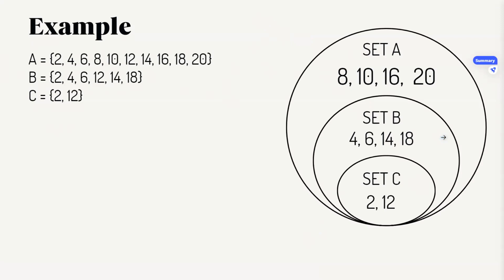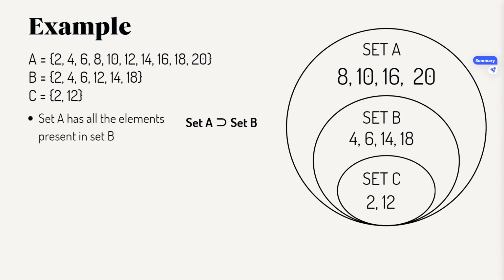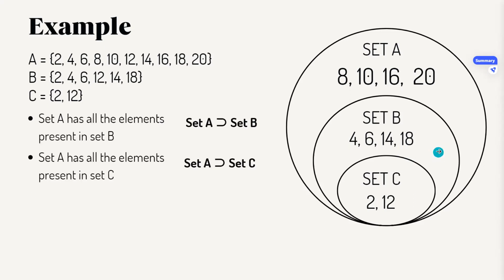If we were to visualize it using a Venn diagram, we can see that set A has the values of set B and set C. And so set A is a proper superset of set B, and set A is a proper superset of set C.